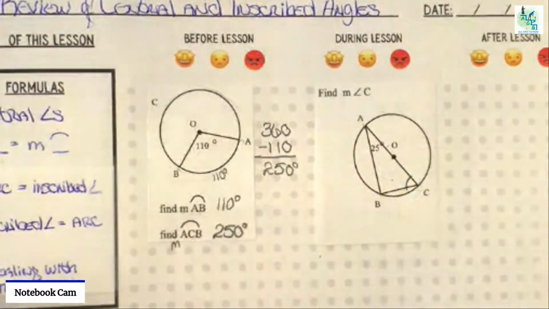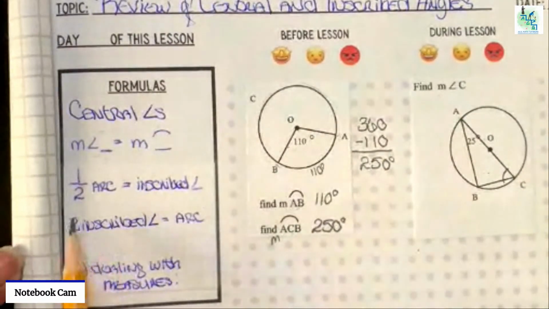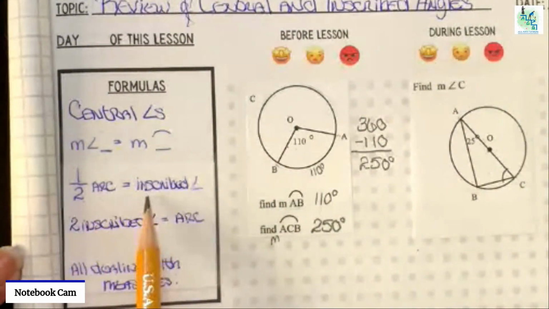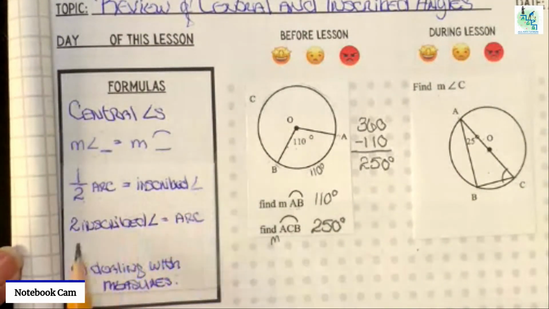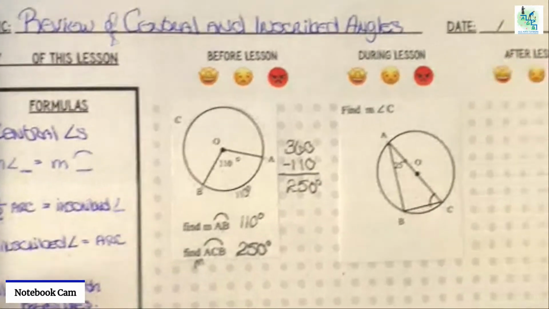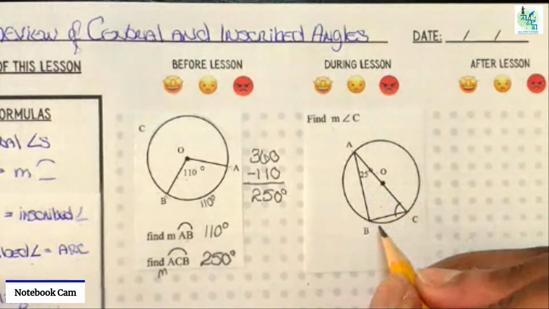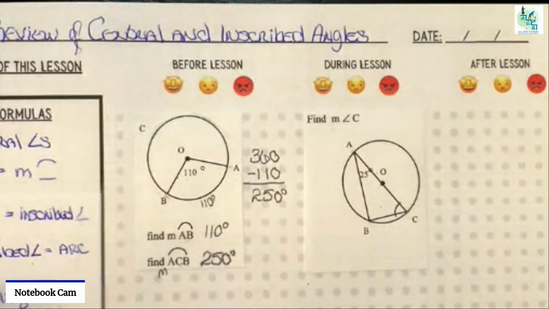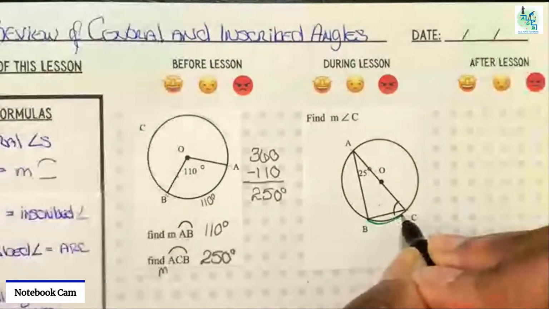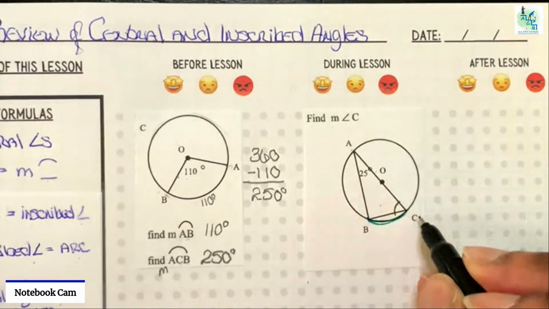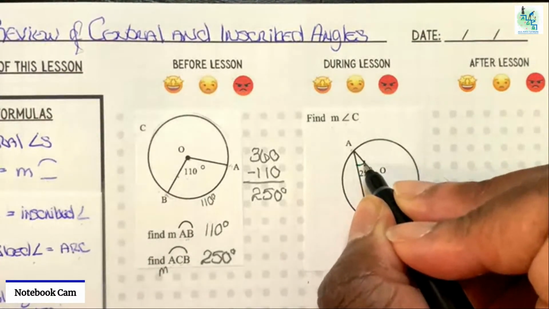Like I mentioned earlier, half of the arc is the measure of your inscribed angle, or twice the inscribed angle is the measure of your arc. So if the angle is 25, that means the measure of this arc, and I'm going to put it out here, the measure of this arc BC, because if I go BAC, that gives me this angle right here.